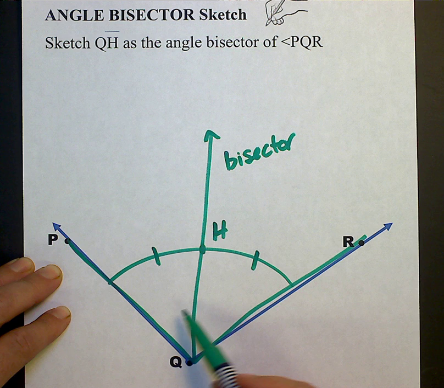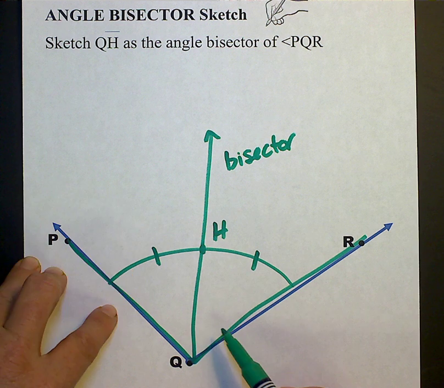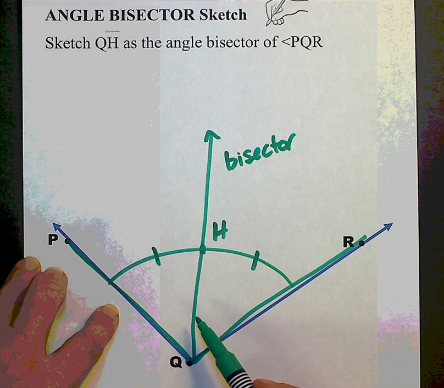That's a freehand sketch. It implies that the angle is being bisected, but it is not precisely drawn.